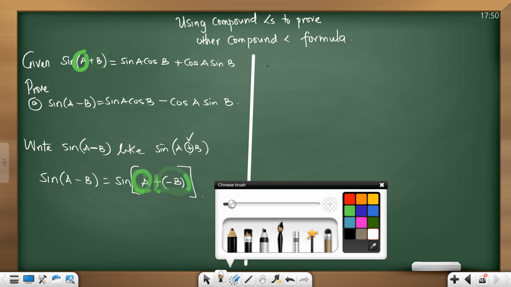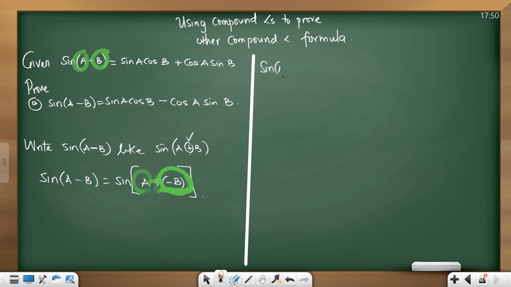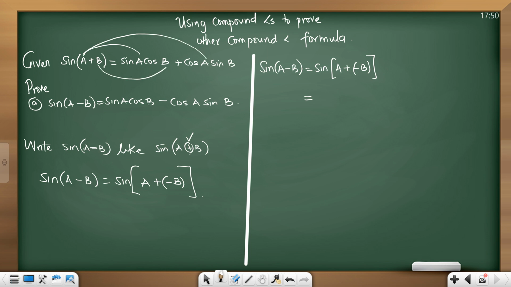Okay. So, now that we have done sine A minus B, we said sine A minus B is the same as sine A plus minus B, which therefore can now be equal to, following this system, A comes first, B comes second.